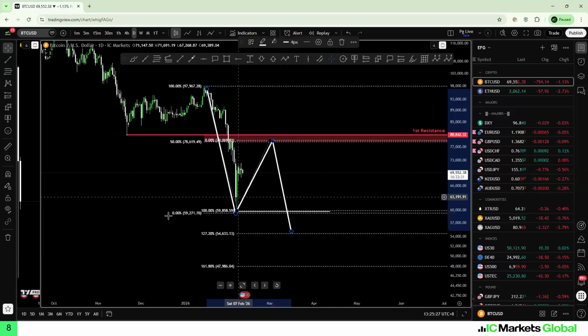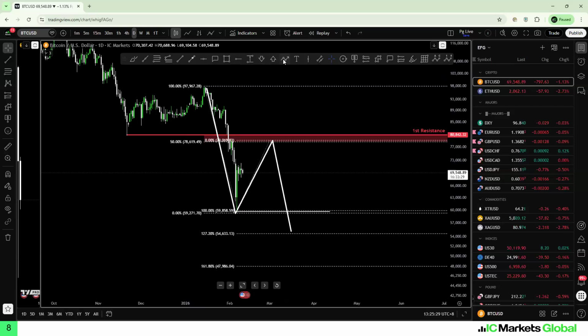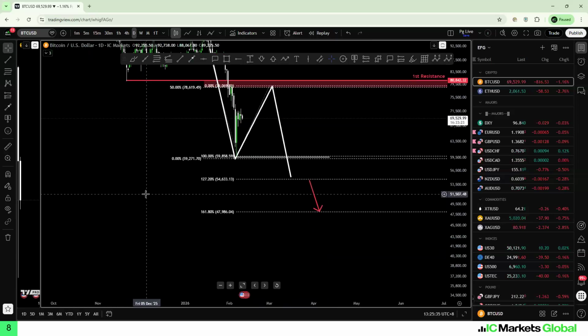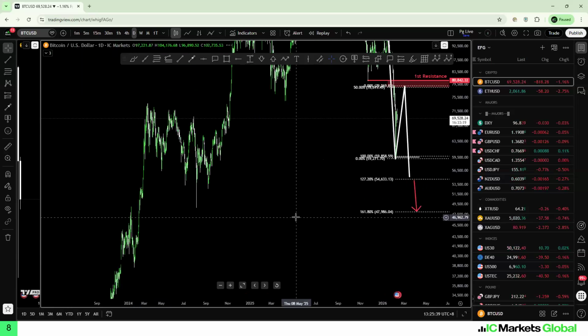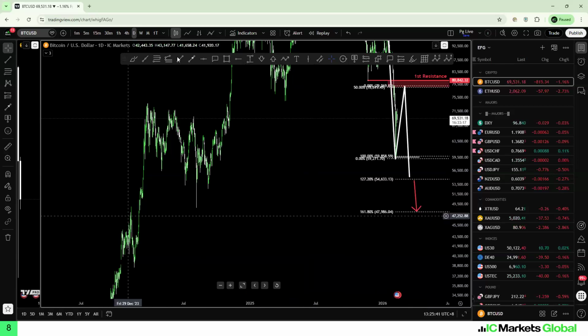The second one is extension 127, and the next one, okay, we could aim for 161.8 extension.